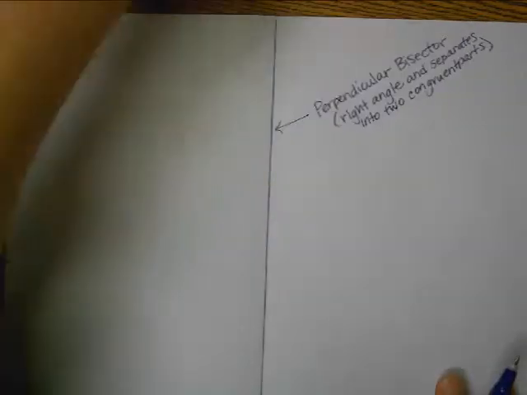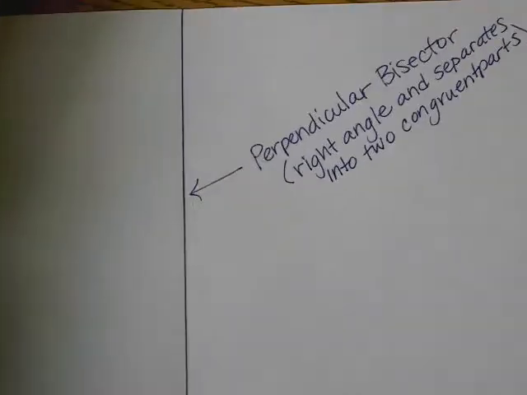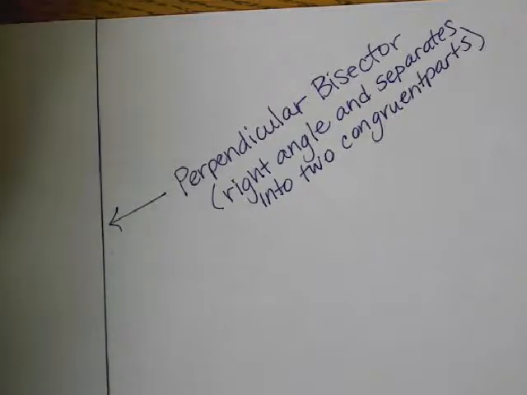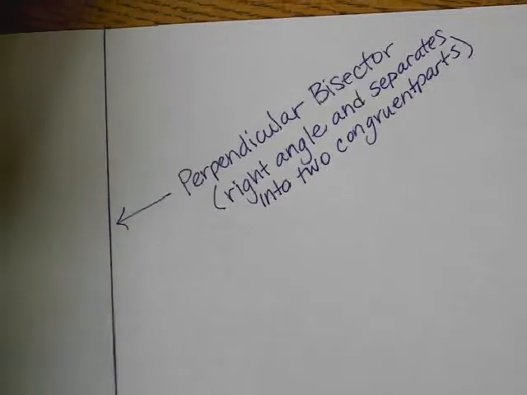Perpendicular bisector because it's a right angle and it separates into two congruent parts. That's the definition. So, what we're going to notice is a pattern of things that happen with this. So, go ahead and pause the video if you didn't get all that copied down yet. If you did, let's move on.